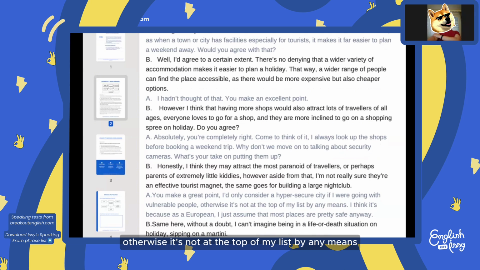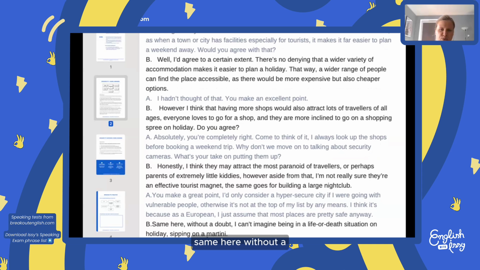Otherwise, it's not at the top of my list by any means. I think it's because as a European, I just assume that most places are pretty safe anyway. Same here, without a doubt. I can't imagine being in a life or death situation on holiday, sipping on a martini.